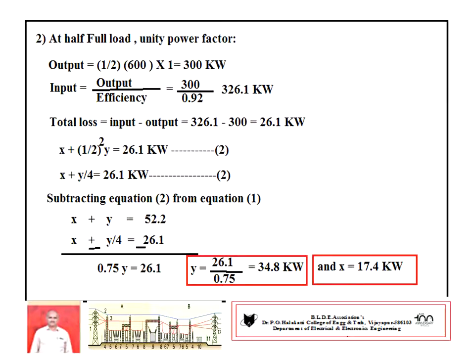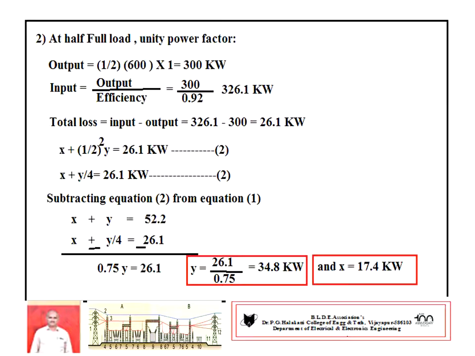In a similar fashion, at half full load unity power factor, the second condition, at this condition efficiency also remains the same. So calculate output at half full load. So half into 600 into 1, 300 kilowatt. Then efficiency is given again 92%.